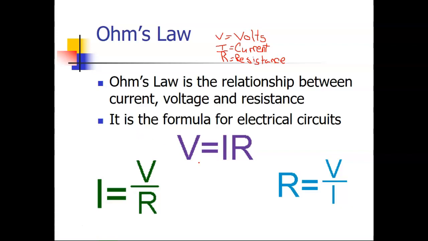Okay? So what the very first one translates to is voltage is equal to current times resistance. Voltage is equal to current times resistance. This one is current is equal to voltage divided by resistance.